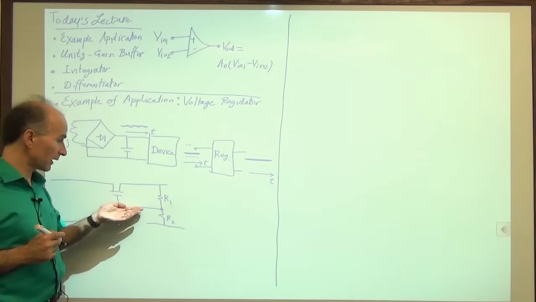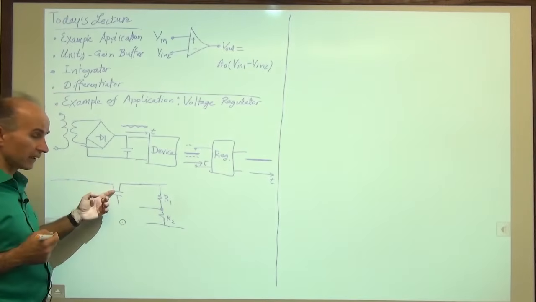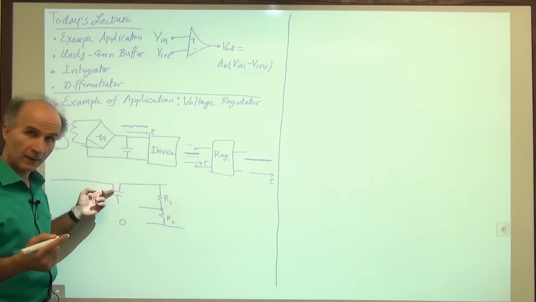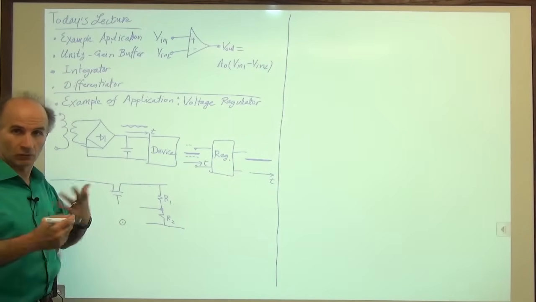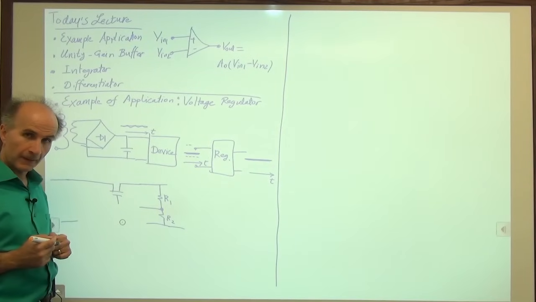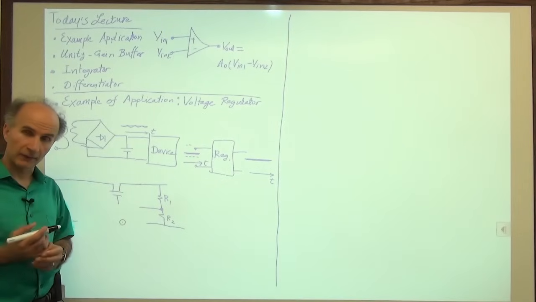For example, if the voltage that I measure here is too high, then I have to tell this guy to increase his resistance so that we have more attenuation going this way and this voltage drops, and vice versa. So, how do I know if the output or this voltage is the correct value?